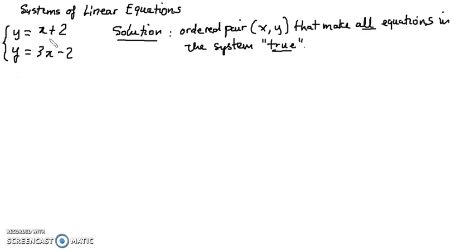Fortunately for us, this is in slope-intercept form, y equal to mx plus b. So you already know the b, which is the y-intercept. The y-intercept has the coordinate x equal to 0 and y equal to b. So you have the first point here, and that is the first step.